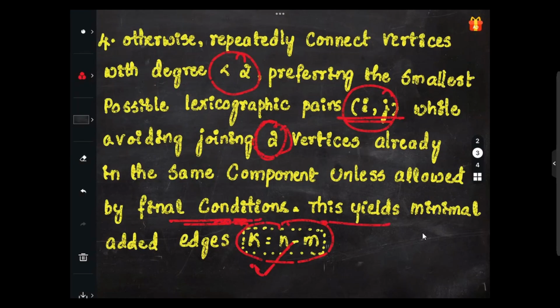So this yields the minimal added edges, k equals n minus m. This is a kind of formula we will be using. Remember this one, this is important.